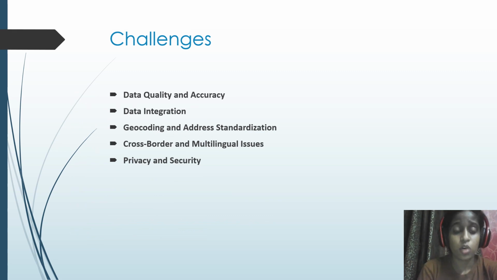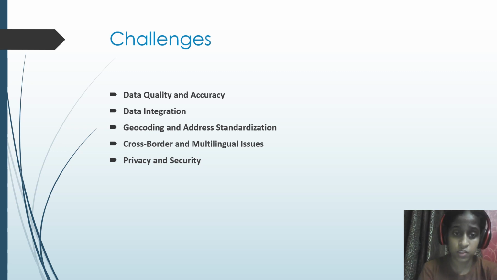And lastly, what challenges does the GIR system face? The first challenge is data quality and accuracy. The geographic data must be accurate and up to date. Incorrect data can lead to unreliable results. Data quality is a bigger challenge especially when crowdsourced or open data is concerned.